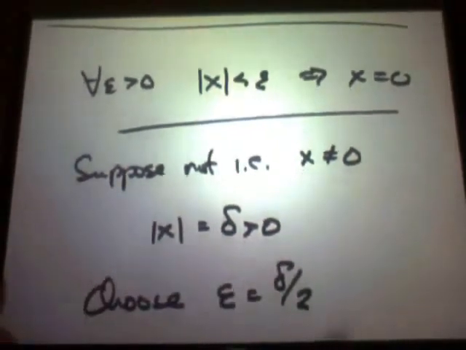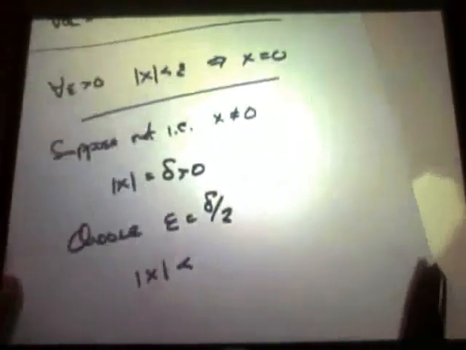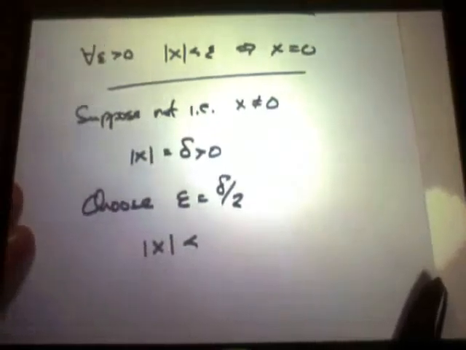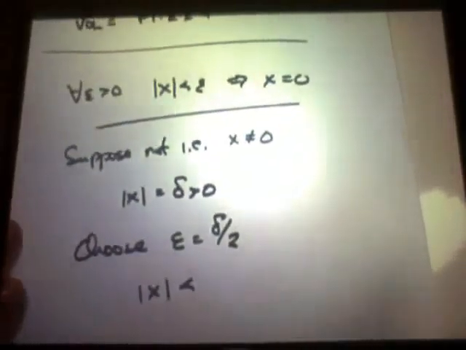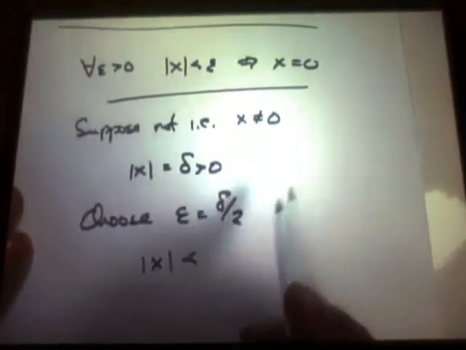Now remember, the absolute value of x is less than any preassigned epsilon.